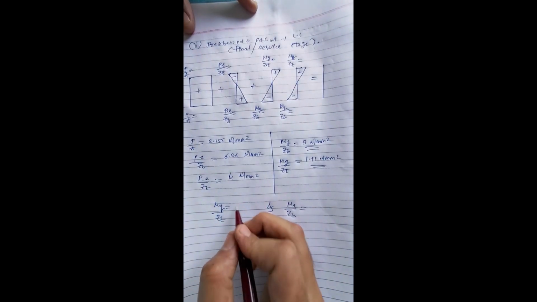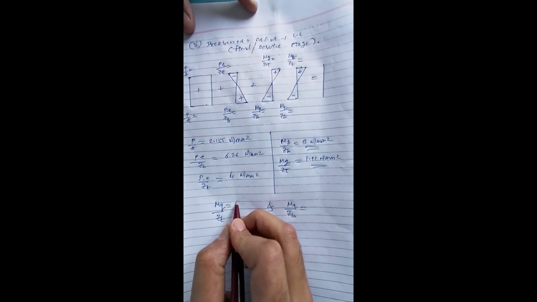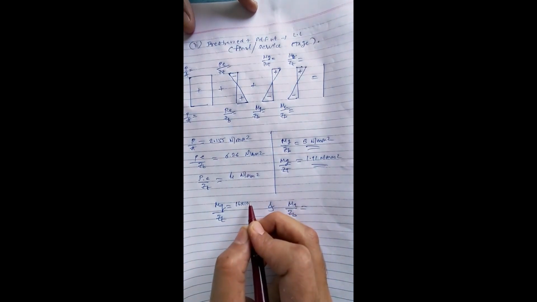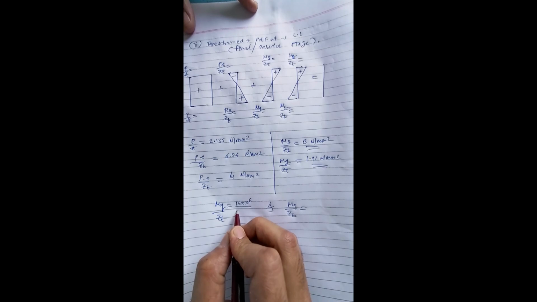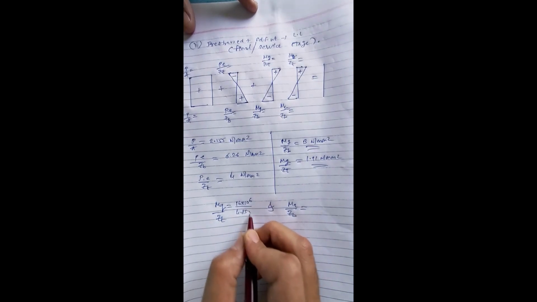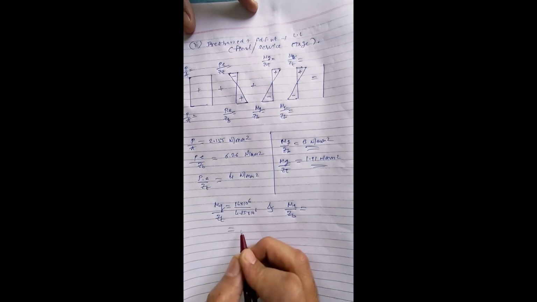Mq by ZT: live load moment is 16 kilonewton meter, that is 16 into 10 raised to 6 Newton mm, divided by ZT, that is 4.85 into 10 raised to 6 mm cube.